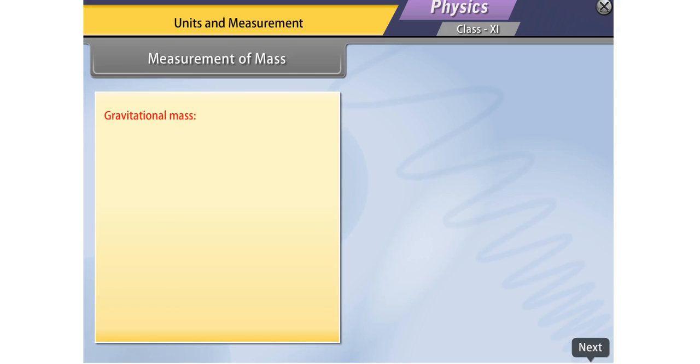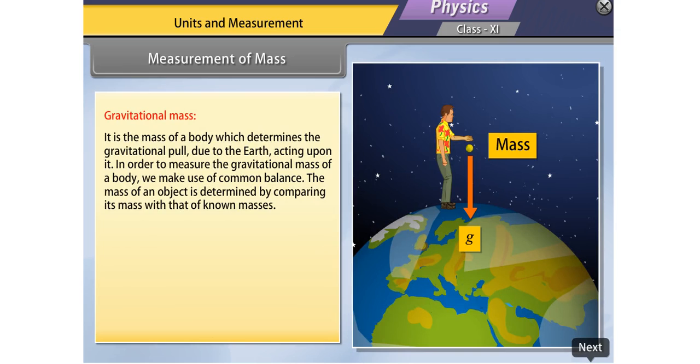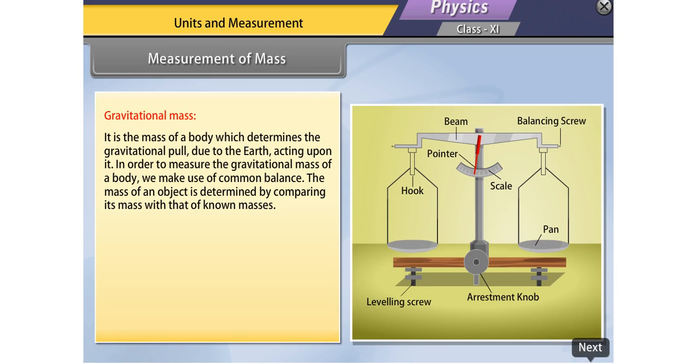Gravitational mass: it is the mass of a body which determines the gravitational pull due to the earth acting upon it. In order to measure the gravitational mass of a body, we make use of a common balance. The mass of an object is determined by comparing its mass with that of known masses.